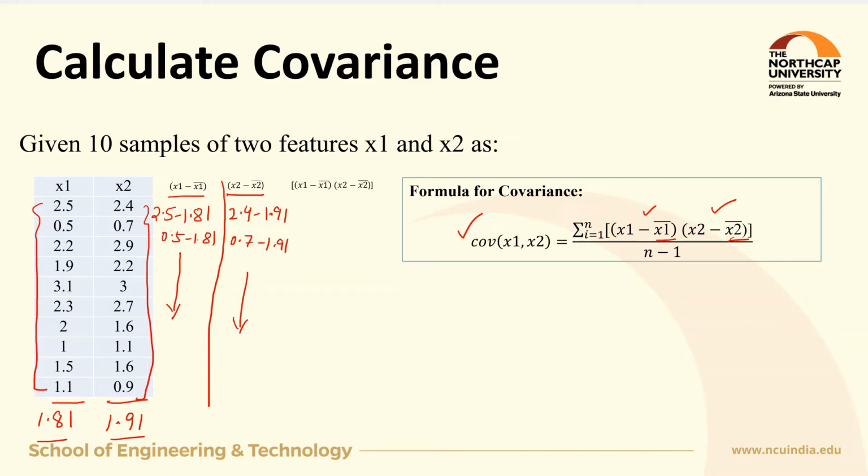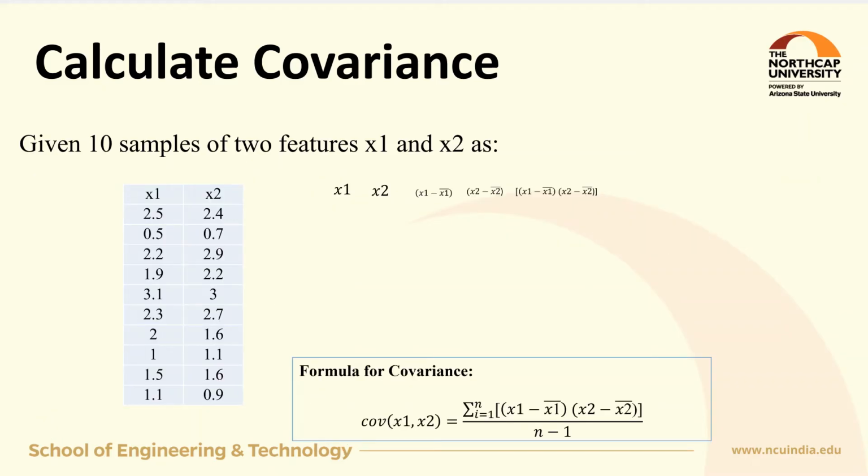Similarly calculate the rest of the values, and now take the multiplication of these two columns, first and second, and keep a note of it, and take the sum of these values as per the formula and divide by n minus 1, which is 9.